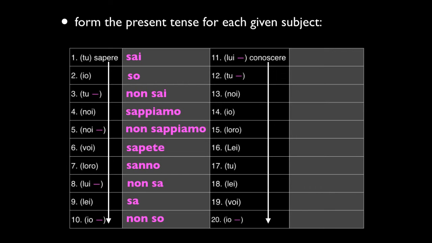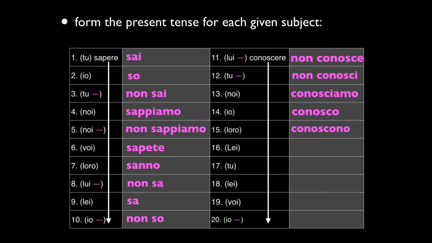11, going on to conoscere now, is lui non conosce, he doesn't know that person or place. 12 is tu non conosci. 13 is noi conosciamo. 14 is io conosco, I know. 15 is loro conoscono. 16 is lei, that's the formal you, conosce.